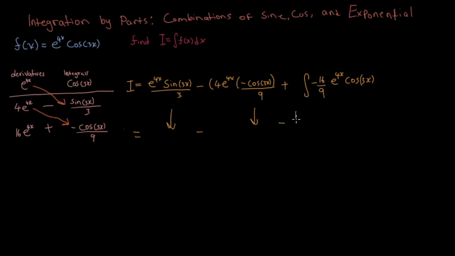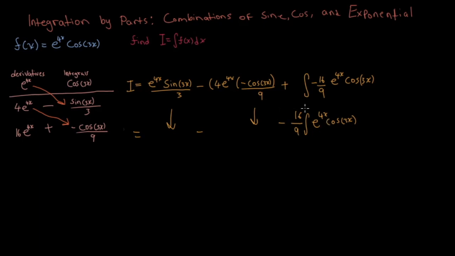So negative 16 over 9 times the integral of e to the 4x cos 3x. As you can see, this is now equal to our original function. I is equal to the integral of f of x dx.